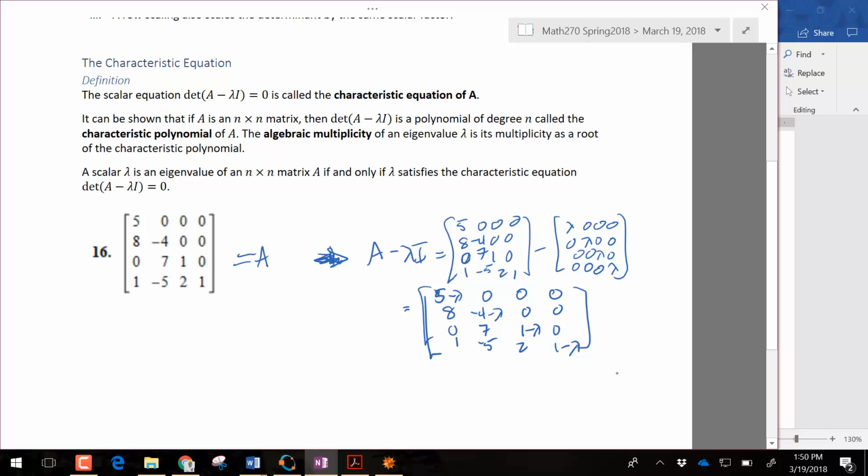So what happens here is that I want the determinant of this. And that's just going to be the product of the diagonals: 5 minus lambda, negative 4 minus lambda, 1 minus lambda, and 1 minus lambda. So this is your characteristic polynomial.